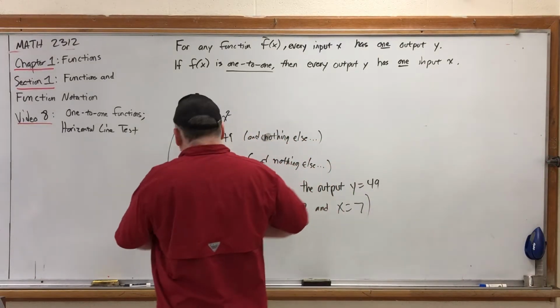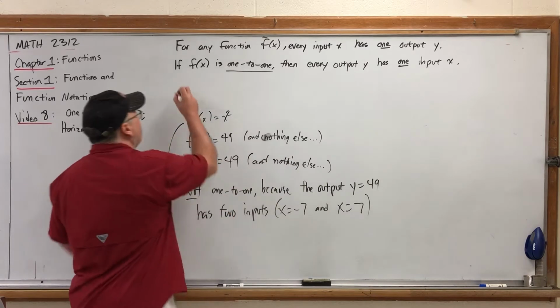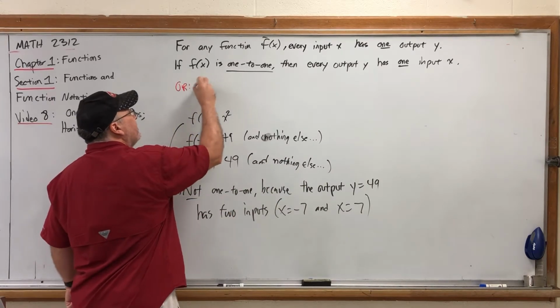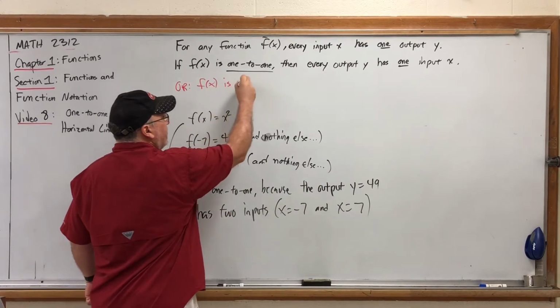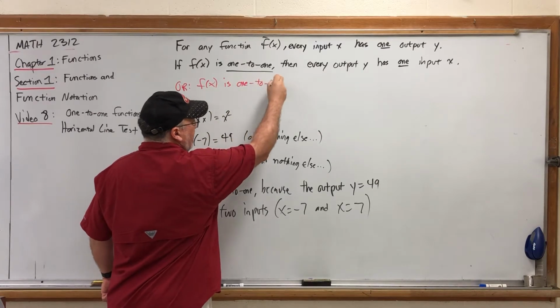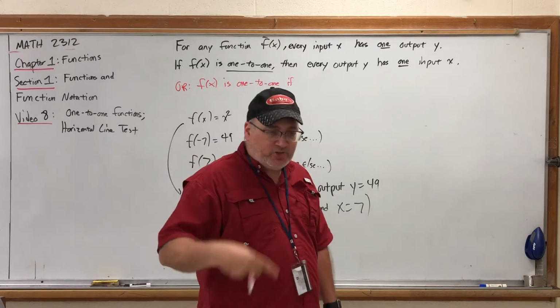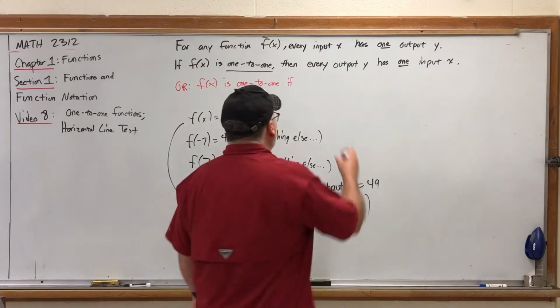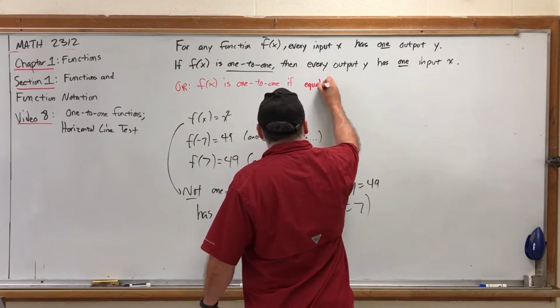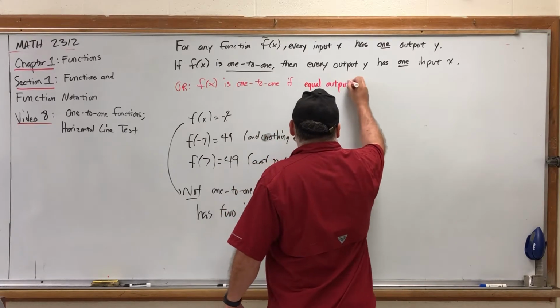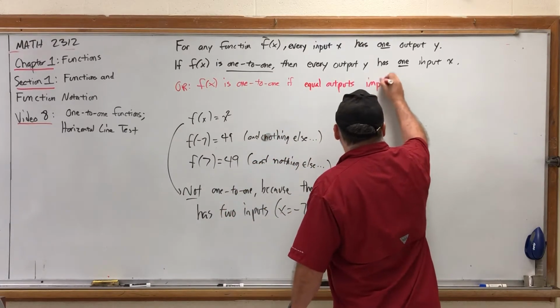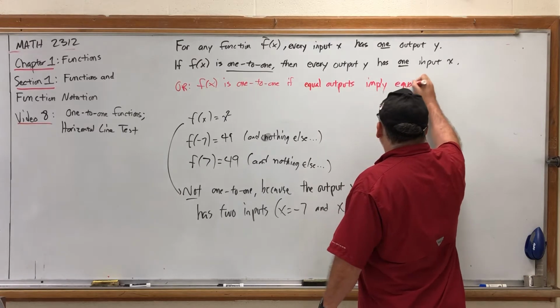There's another way to think about a function being one-to-one. f of x is one-to-one if equal outputs imply equal inputs. Equal outputs imply equal inputs.